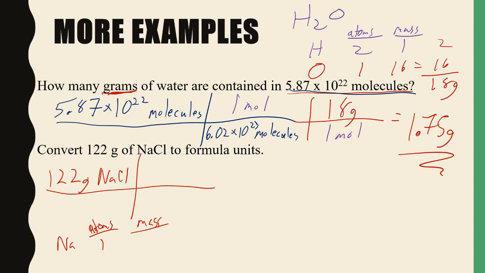So sodium is 22.98. So yeah, basically 23. 23, and chlorine is, there's one of those, and that's 35.45. So 23 plus 35.45 is 58.45.